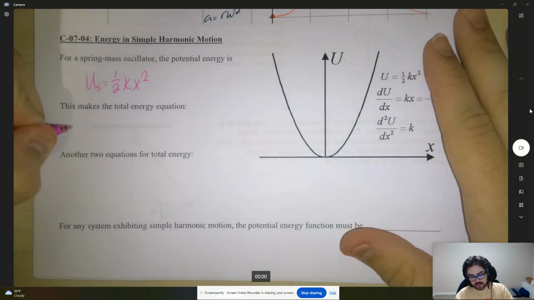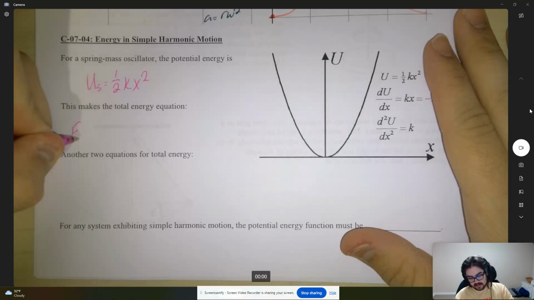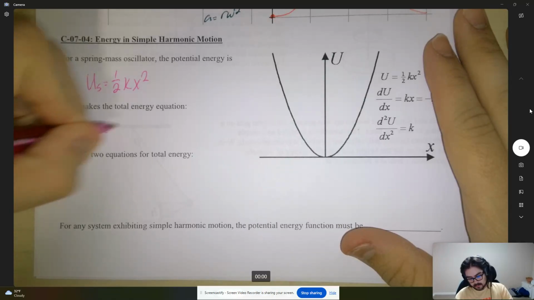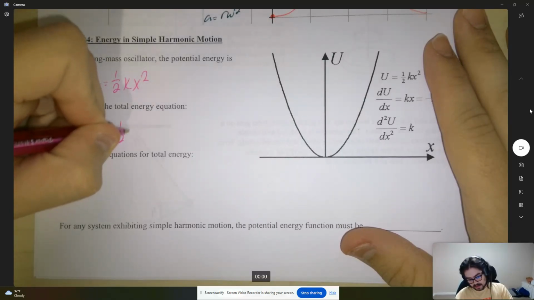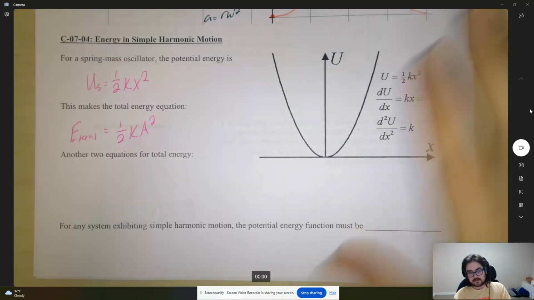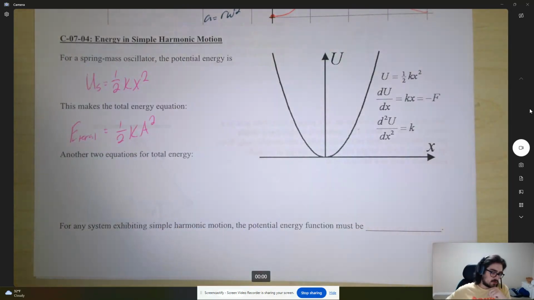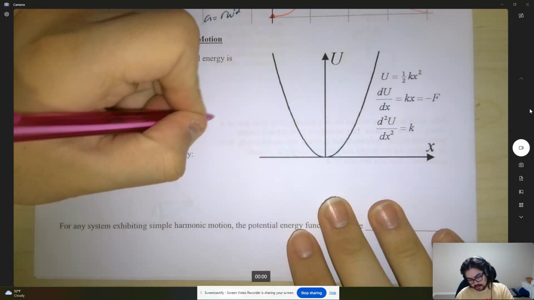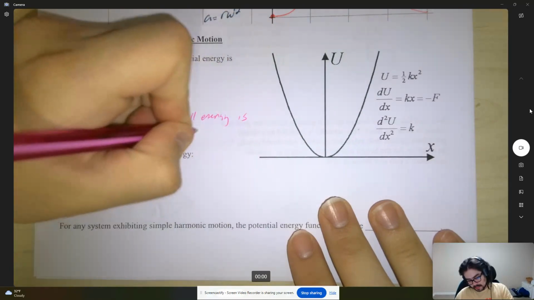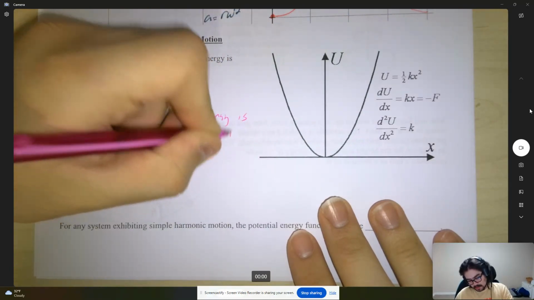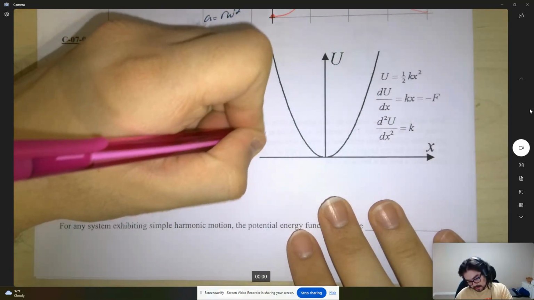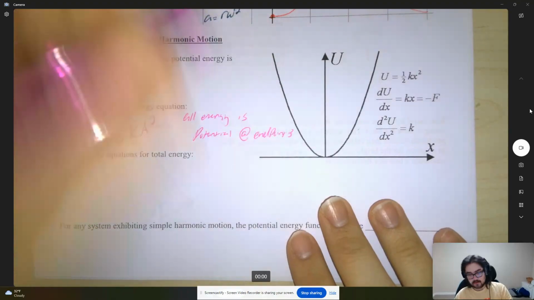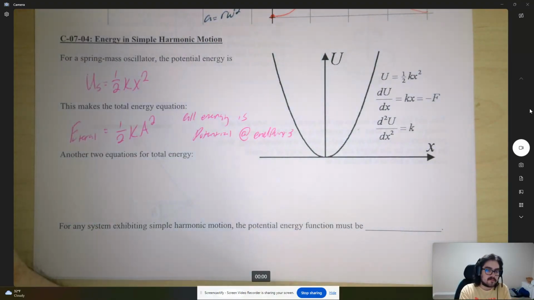So you could just use E total equals 1/2 kA squared, where A is the amplitude of oscillation. If you figure out the amplitude, you can use this because all energy is potential at the endpoints, or the amplitude, whatever you want to say, right?